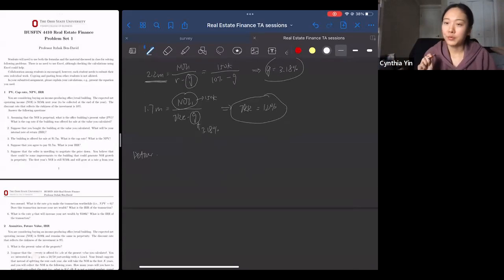I see many of you are using this kind of formula for getting IRR. I think maybe you did diligent work searching on Google and tried to figure out what IRR is.